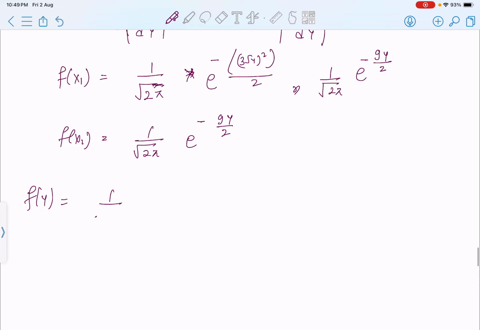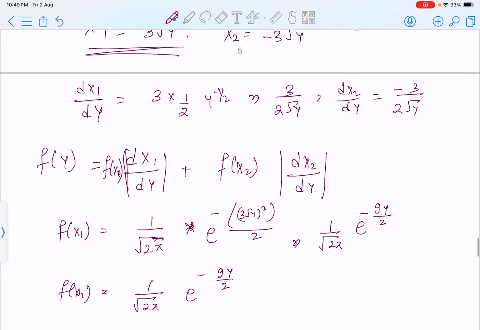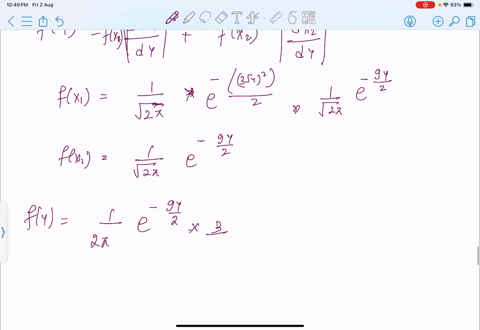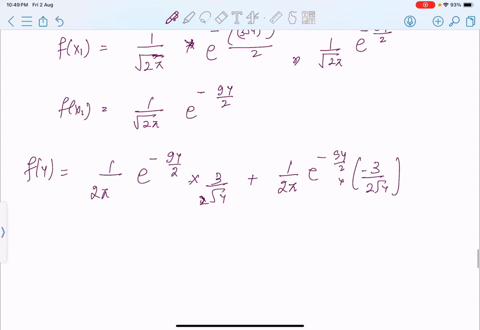f of y will be 1 upon root 2 pi and then f of x1, e to the power minus 9y by 2, multiplied by the slope, what is dx by dy, which is equal to 3 by 2 root y, plus 1 upon root 2 pi e to the power minus 9y by 2, and then the value at x2, dx by dy is minus 3 by 2 root y, with the mod. Correct, no?